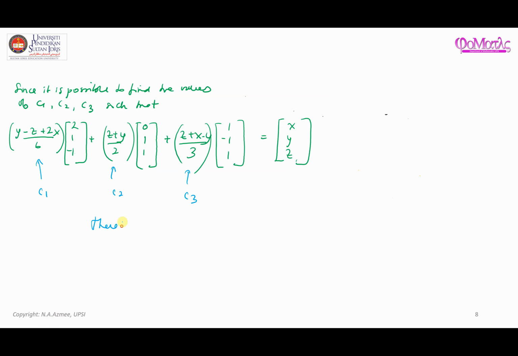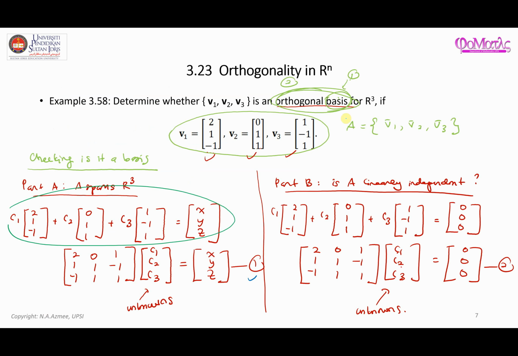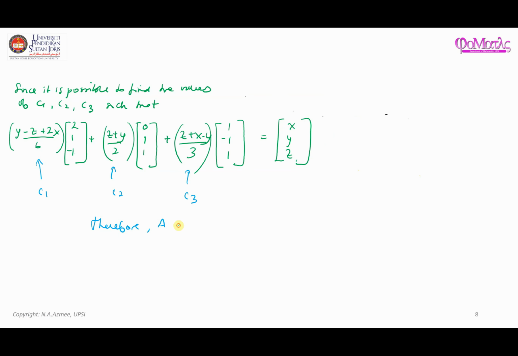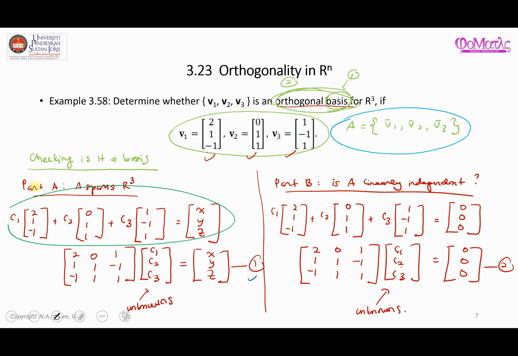Therefore, we can say that the set here, which I've already named A, spans the vector space of this one. So that is showing the first part of whether the given set is a basis or not. Now we move on to showing part B.